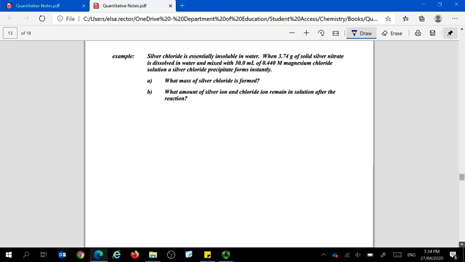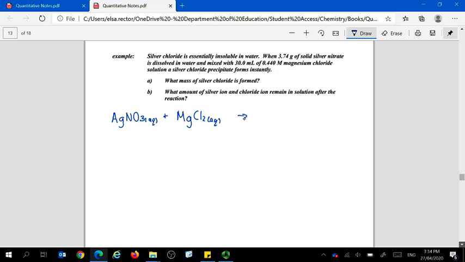So we are mixing solid silver nitrate. That's being dissolved in water, so that'll be aqueous silver nitrate. And we're mixing that with magnesium chloride. So we've got silver nitrate in aqueous form plus magnesium chloride, which is also aqueous.